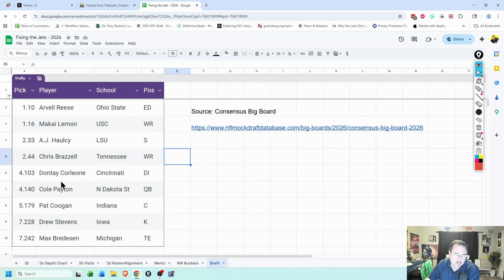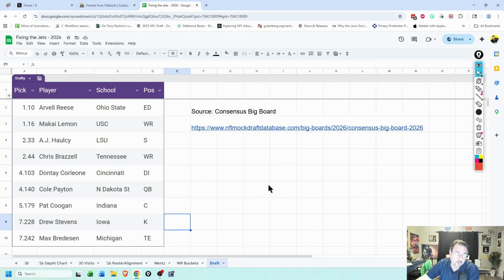Because basically you're getting Cole Payton, who's developmental. He's a project. He could be really good, but he's not going to be good this year. So you stash him and you see what you got, and you're taking him in the 4th round. So you're not costing yourself something else. Pat Coogan, we get our backup center, somebody who could challenge Myers for the job, but if not, all right, becomes a backup, no problem. We get our kicker for the future, Drew Stevens.